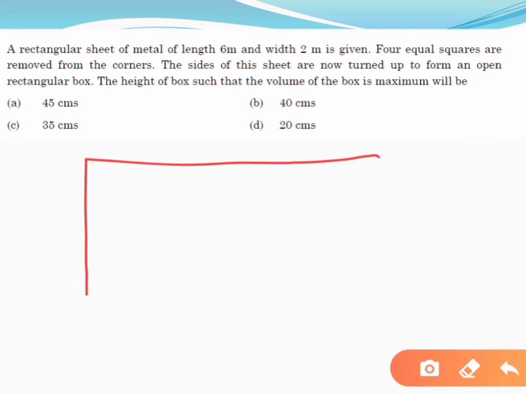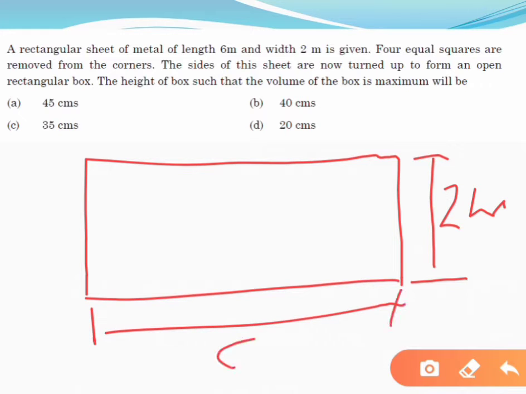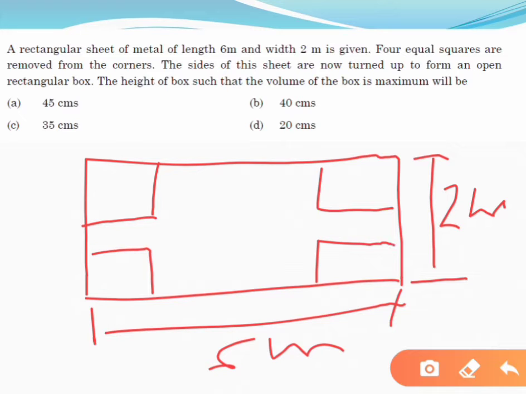It will be a rectangular section whose width is 2 meter and the length is 6 meter. 4 equal squares are removed from the corners, so I must draw 4 equal squares in the corners. Let the side of that square be A.